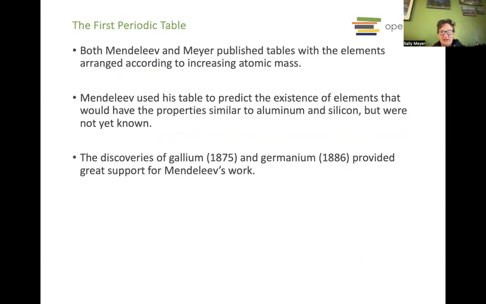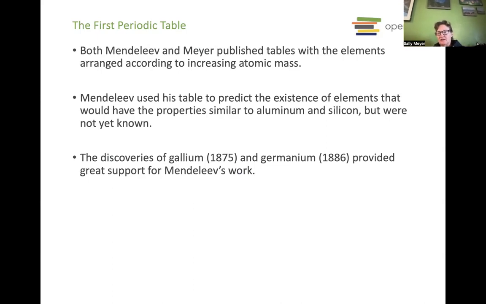The first periodic table had the elements arranged according to increasing atomic mass. Mendeleev used his table to predict the existence of elements that would have similar properties. Where there were holes in the periodic table, where there should be an element with a greater mass and a property similar to the one above it, they later discovered those elements that he knew were missing.